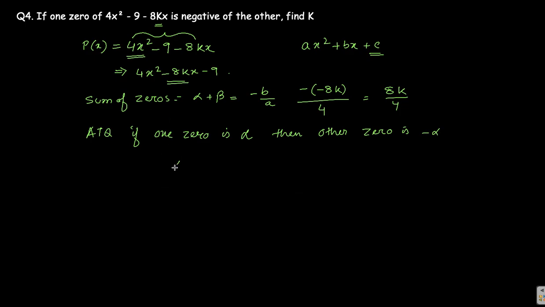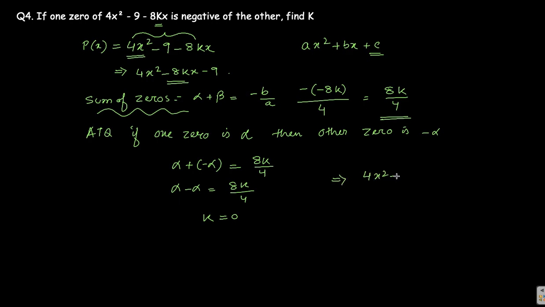So alpha plus minus alpha, that is the sum of the zeros, is nothing but 8k by 4. So alpha minus alpha is equal to 8k by 4. It means k is equal to 0.